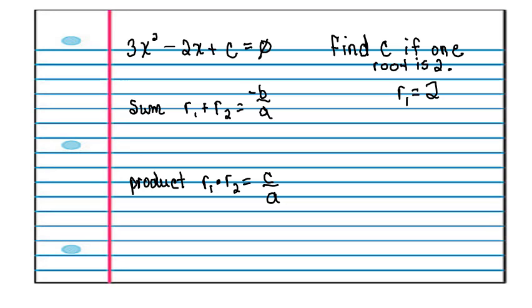So remembering that one of the roots here is 2, and if we add it to the second root, it would give us the coefficients that we do have provided to us: b, which is a negative 2, and the a, which is 3, now gives us 2 plus the r squared.